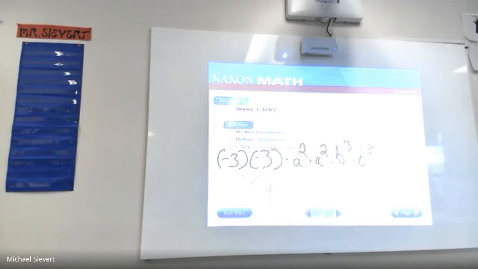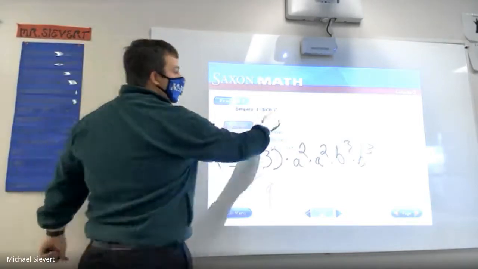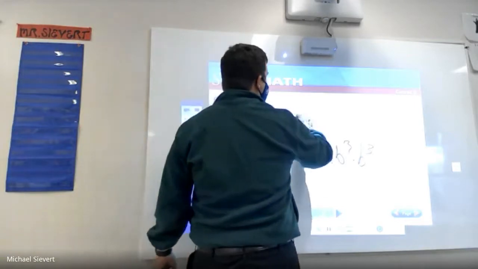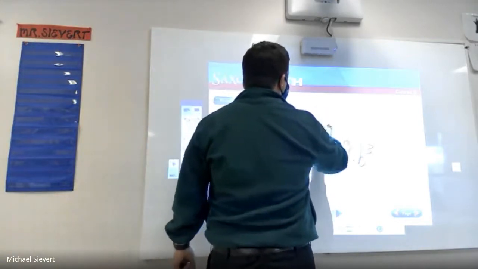what about this 2? Yeah. That 2 turns it into this. Because when you have a square right here, it breaks this up. So that means that there's A squared B to the cube.